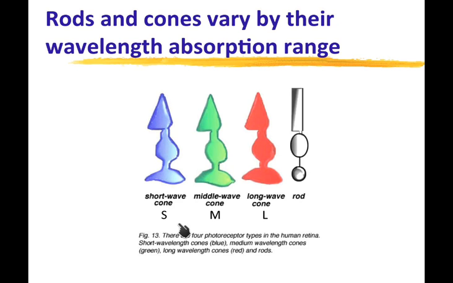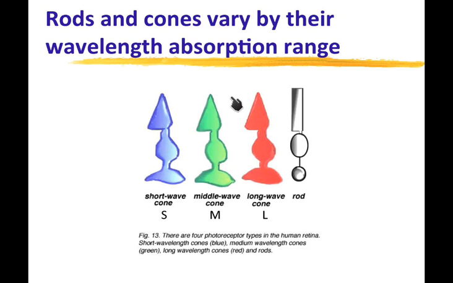So the S cones, S goes for short wavelengths, is sensitive to the short waves around the blue. It means that its maximal absorption is of wavelengths that are centered around blue. The other class of cone are called the M cones, for middle wavelengths, and their maximal absorption is around the green wavelengths.